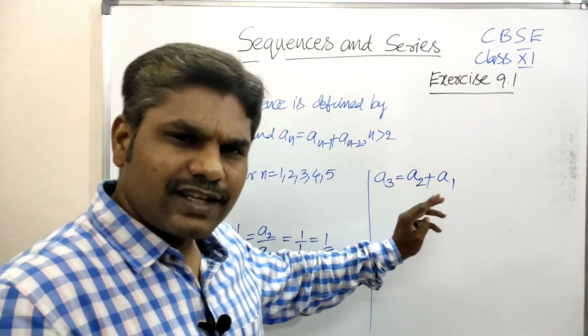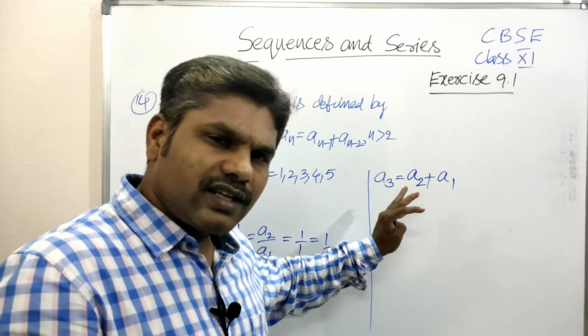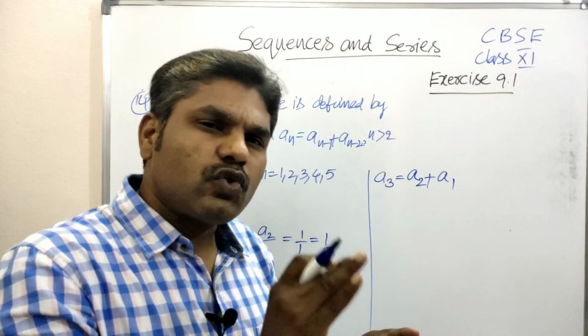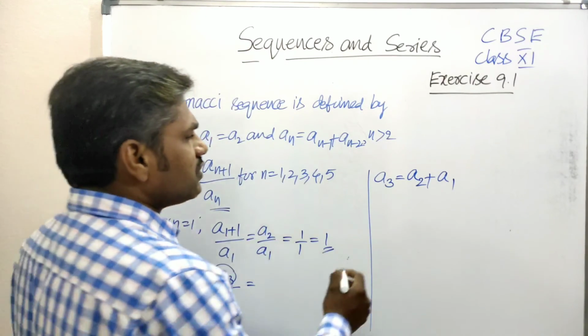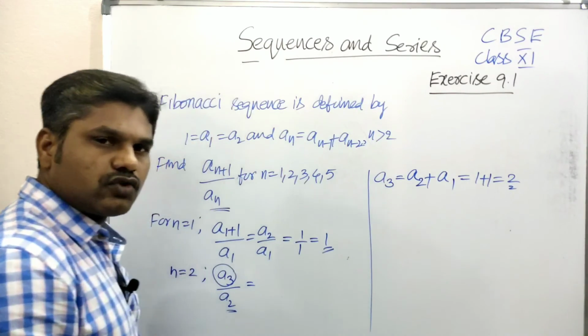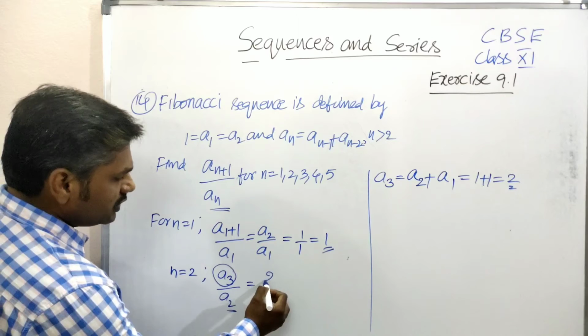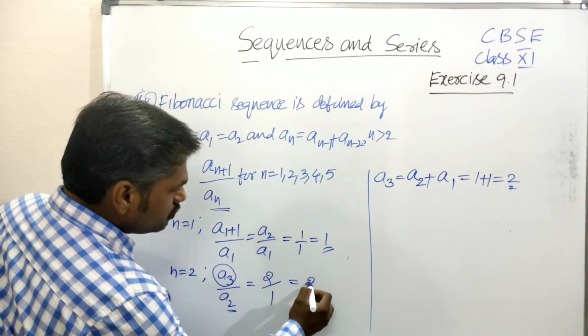So a3 is nothing but the sum of its previous two terms, a1 and a2. The values are already given, 1 plus 1, which is equals to 2. If you know the third term, then write its value here, and a2 is 1, so the ratio is 2 by 1, that is equals to 2.